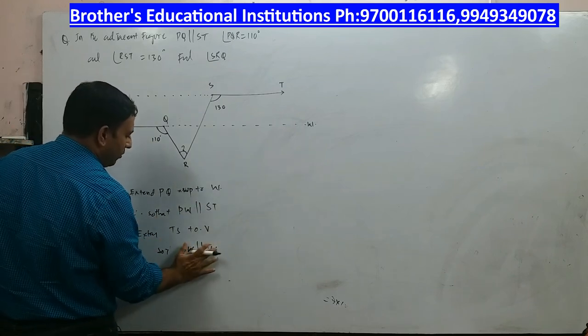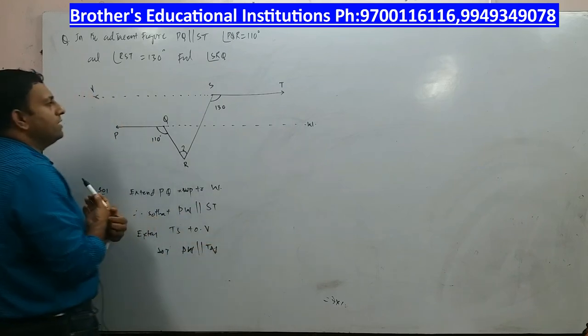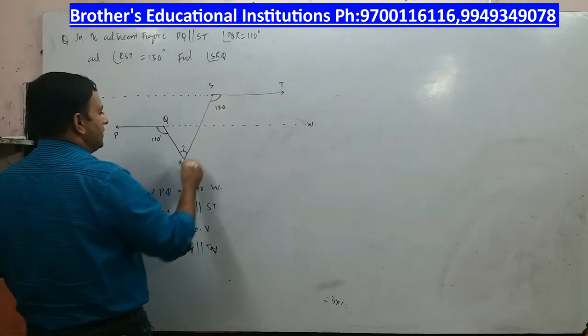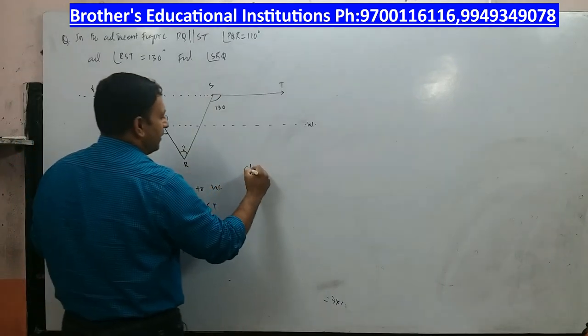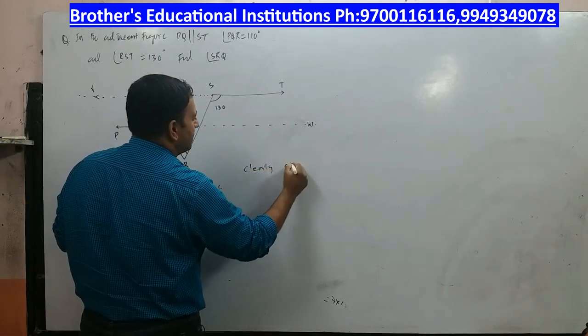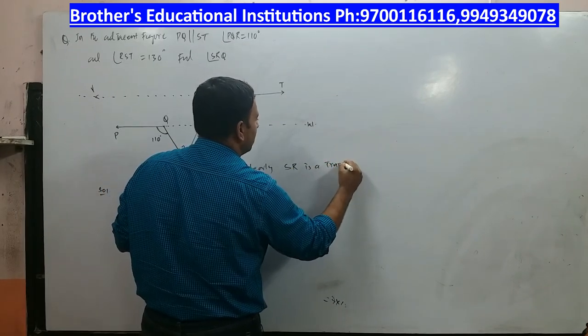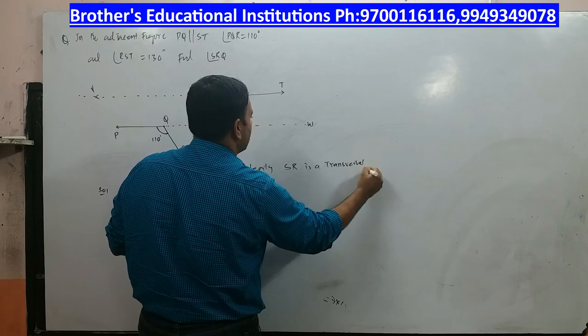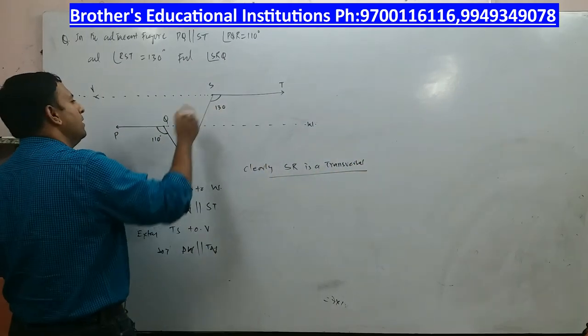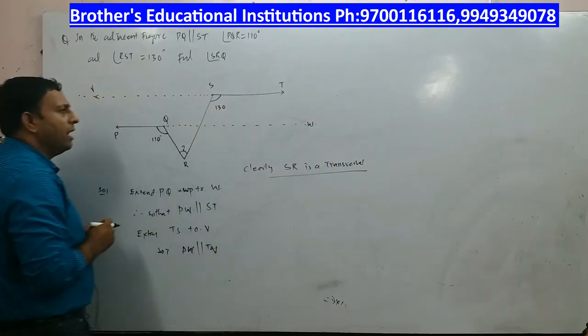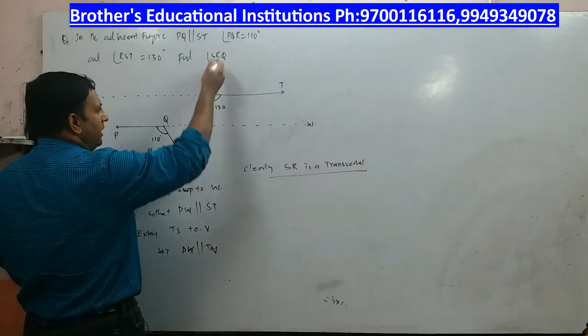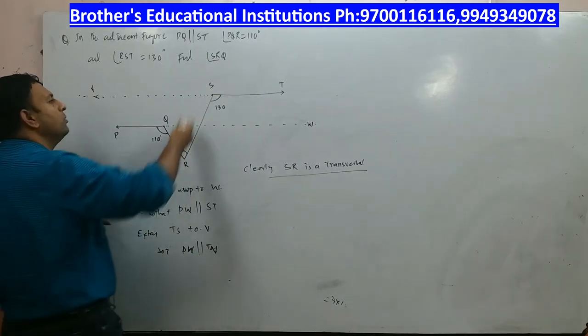Now let us see what's going to happen. In this case, you can see clearly that SR is a transversal. Now, what do you mean by a transversal? It is a line which is cutting the two parallel lines.